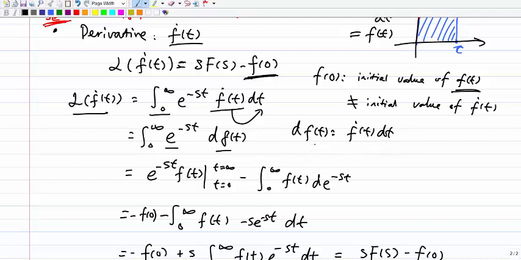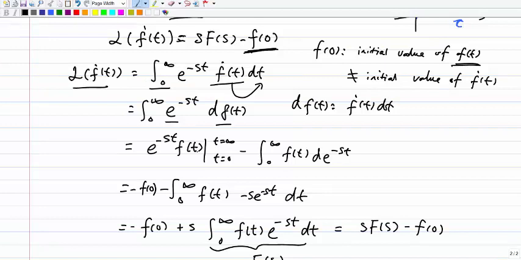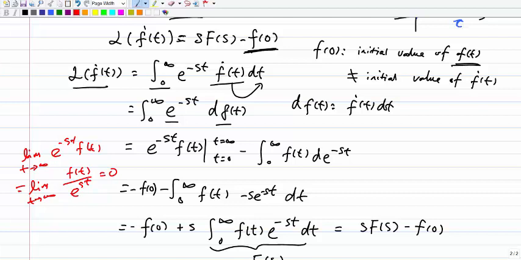That's true. Now I still do integration by parts. It is e^(-st) times f(t), from t is infinity to t is 0, and then I swap the two: negative integral from 0 to infinity of f(t) d(e^(-st)). Now when the limit t goes to infinity, e^(-st) f(t), which is equal to the limit as t goes to infinity of f(t) over e^(st), this guy will be equal to 0, so this is gone.